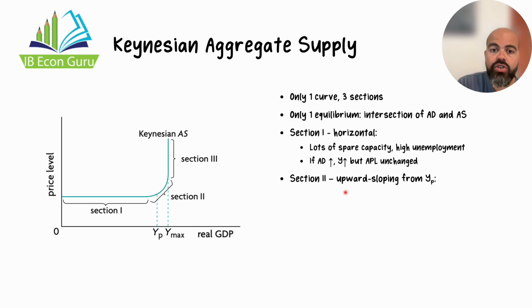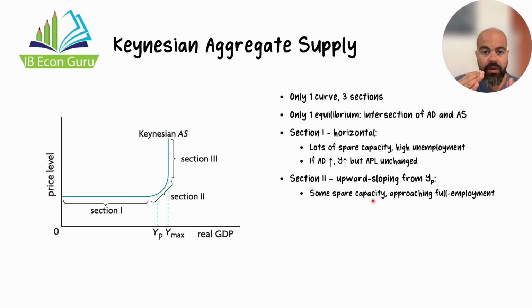All right. Section II is the upward sloping section. It is upward sloping from YP, the potential output. So basically, when the economy reaches its potential, aggregate supply starts to slope upward until it becomes vertical. In section II, which is the upward sloping section, there is some spare capacity.